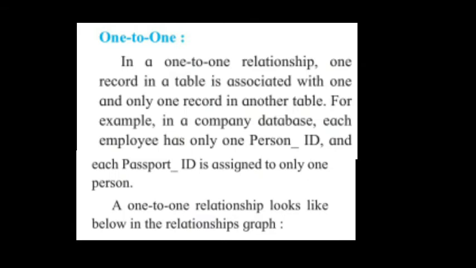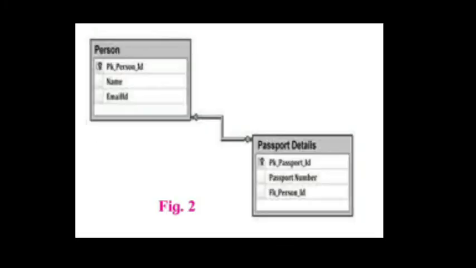Or we can also say that every person has a unique blood group, meaning one person, one blood group. So we can say that it is a one-to-one relationship. This diagram represents two different tables, person and passport detail.